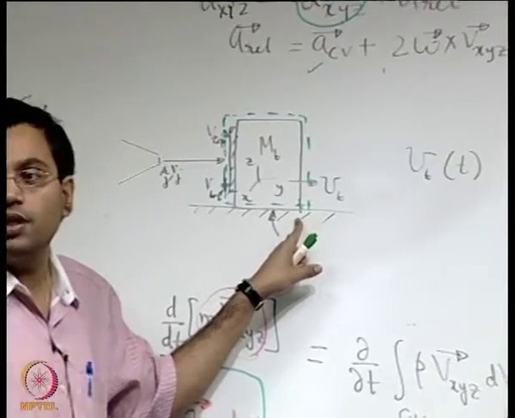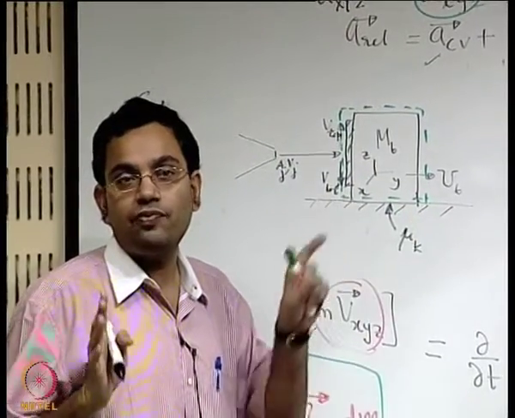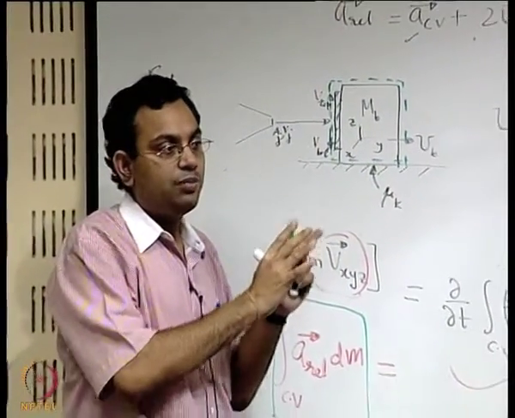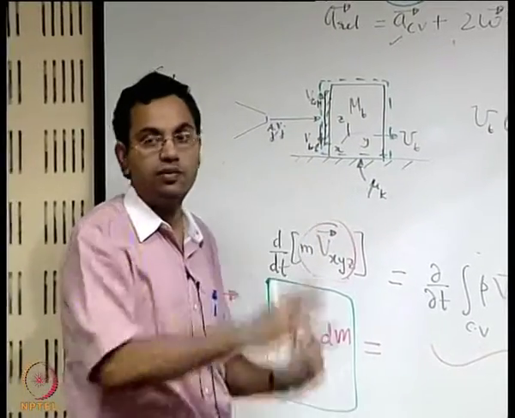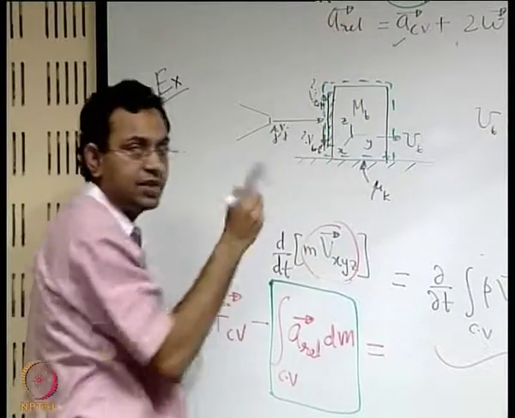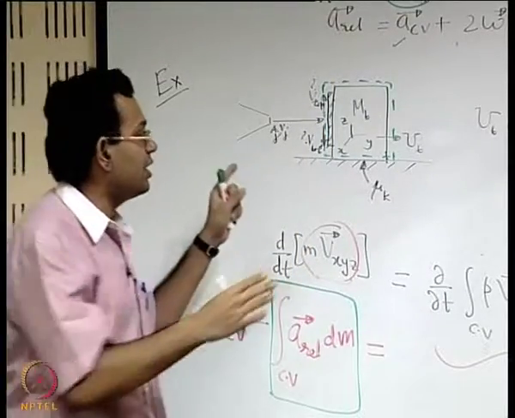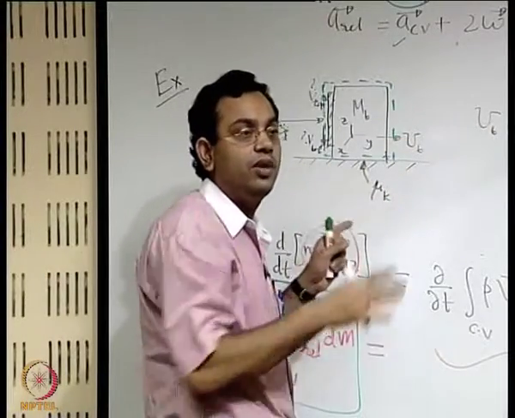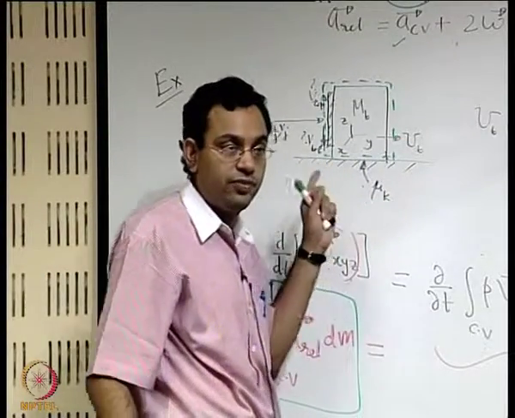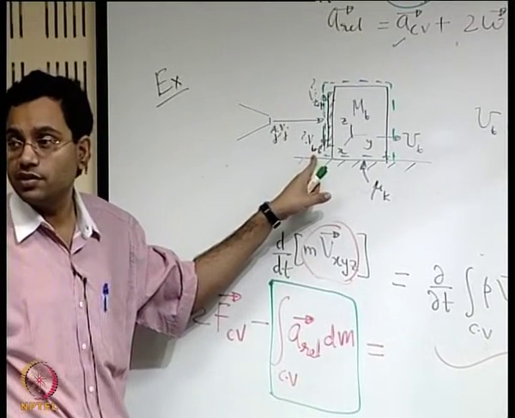Kinetic energy in an accelerating reference frame cannot be in a straightforward way brought out from the Bernoulli's equation as preserved. So we do not know what these are. In the previous problem we could exploit the situation that the control volume was moving with a uniform velocity. Now it is not moving with a uniform velocity. So we do not know actually what these are, even in a relative sense.